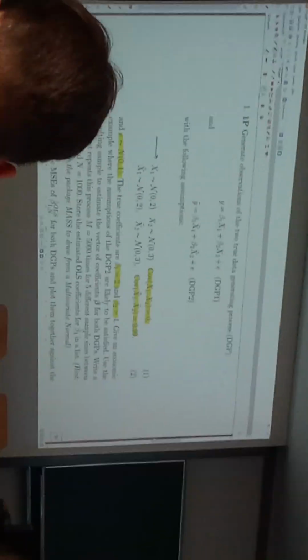The error term epsilon was in both cases supposed to be standard normally distributed, and the true coefficients were given as 2 and 4. Like this.